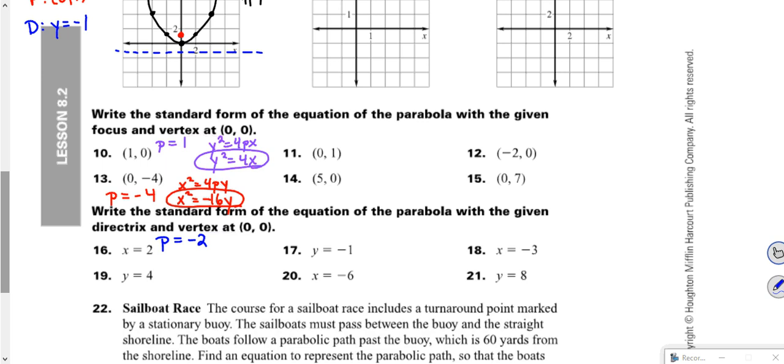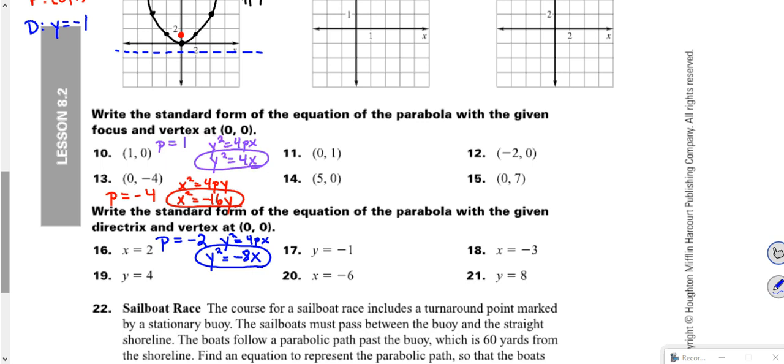An x equals 2 is a vertical line. If your directrix is a vertical line, that means your parabola is pointing left or right. So this is y squared equals 4px, or in our case, y squared equals -8x.